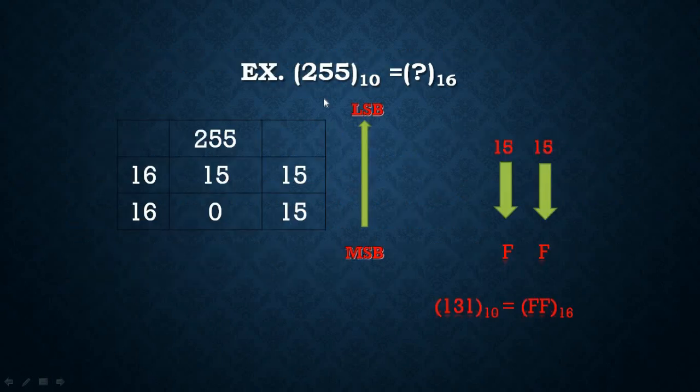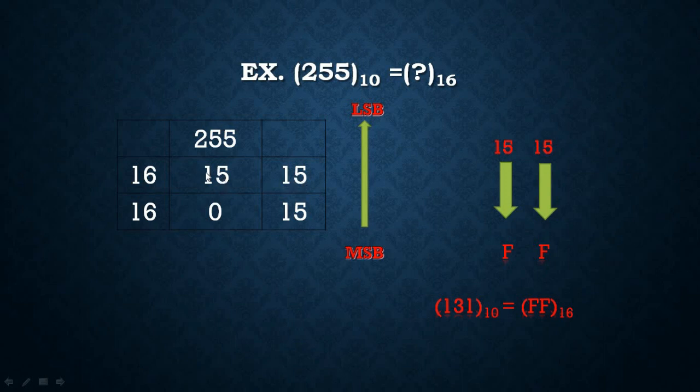We have to convert 255 to the base 10 into the hexadecimal number system. Again we consider three columns: divisor, quotient and remainder. When we divide 255 by 16, we get quotient 15 and remainder 15.